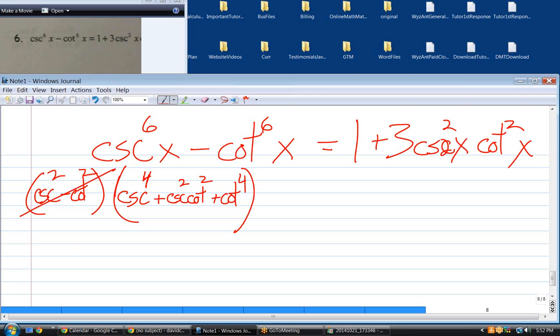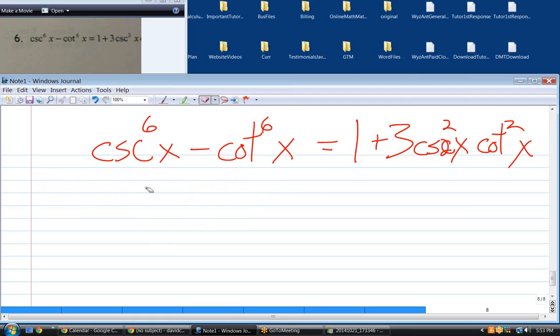Well, let's back up, because I don't know what to do with this. I don't have any clue as to how to turn that into that, even though this is just cosecants and cotangents, and this is just cosecants and cotangents. I can't even factor that. That's not cosecant squared plus cotangent squared even.